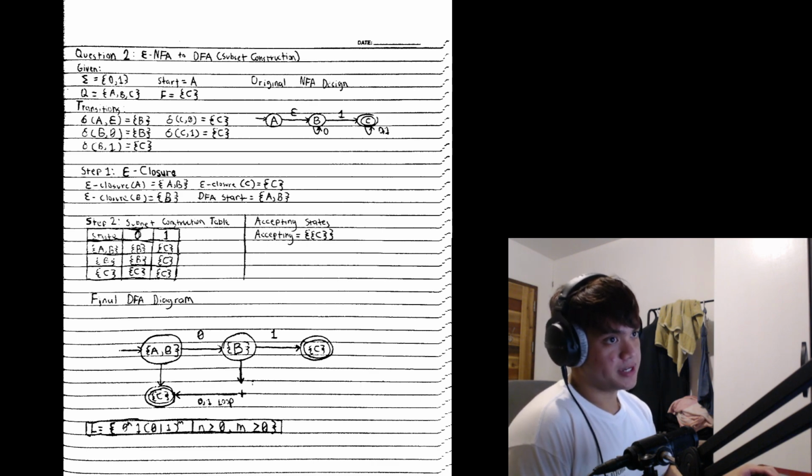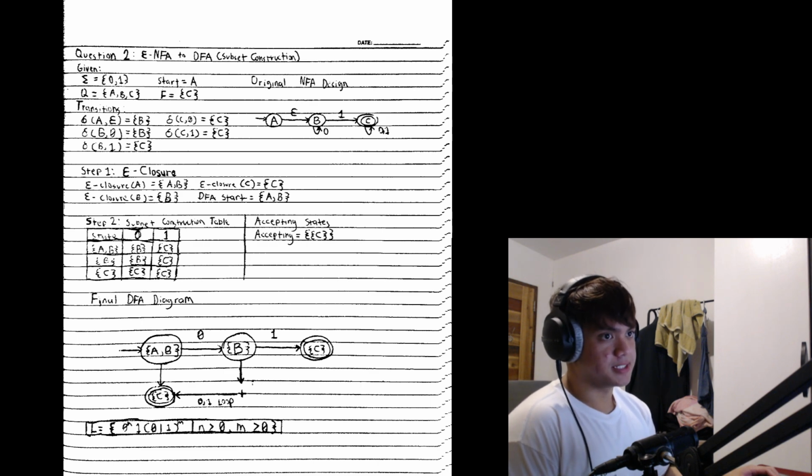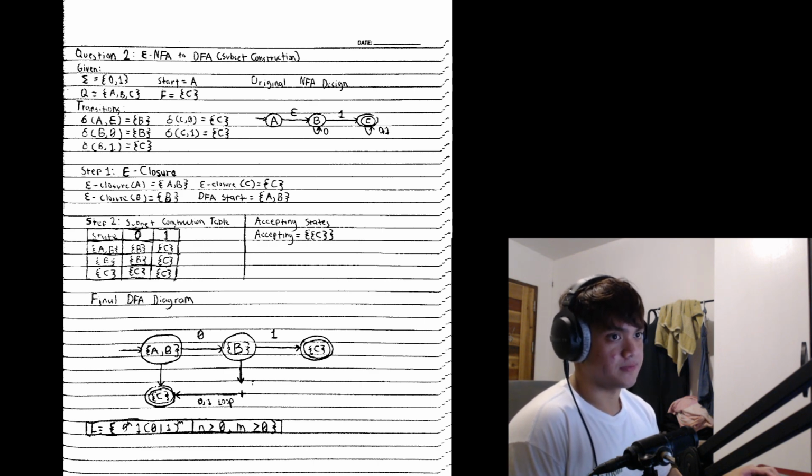Step 4. Identify accepting states. A DFA state is accepting if it contains at least one NFA accepting state. The NFA accepting state is C. Checking. AB contains C? No. B contains C? No. C contains C? Yes. So only C is accepting. Step 5. Why is it deterministic and equivalent?